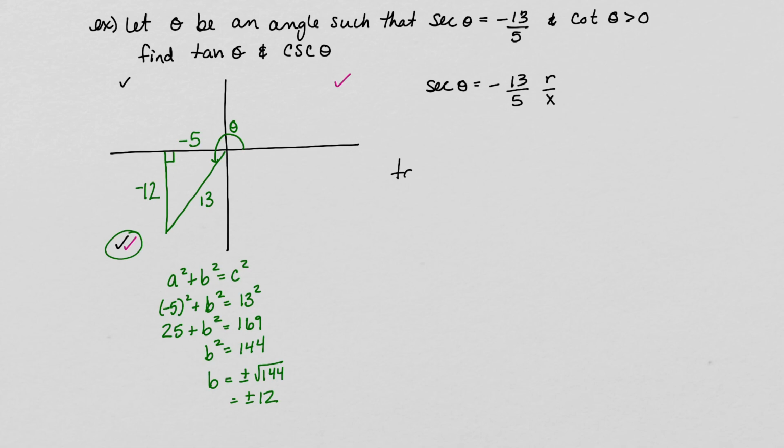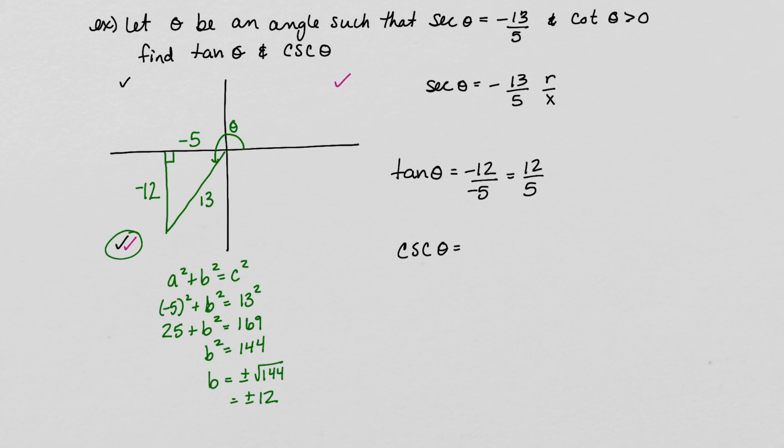So remember, we were looking for the tangent of theta, which you can either think of as opposite over adjacent or y over x. So it's going to be negative 12 over negative 5, or 12 over 5. And we were looking for the cotangent of, not the cotangent. We were looking for the cosecant of theta.